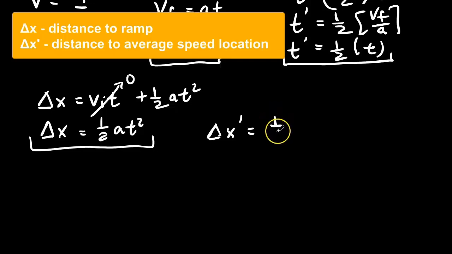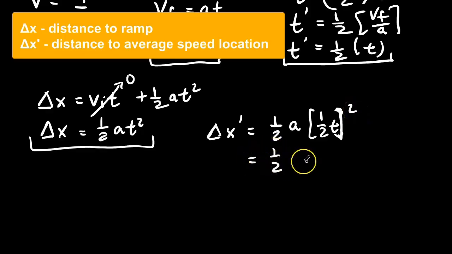So I'm going to do a little substitution. I have 1 over 2 A t squared, and I know the t is now 1 over 2 T, so let's go ahead and substitute that in for t. So it's going to be 1 over 2 T, and this whole value is going to be squared. This gives me 1 over 2 A, and this will be 1 over 4 T squared.